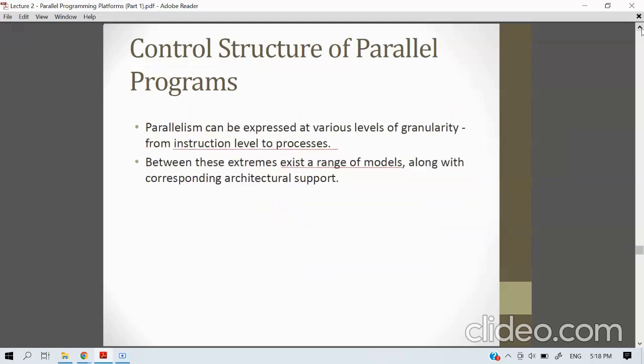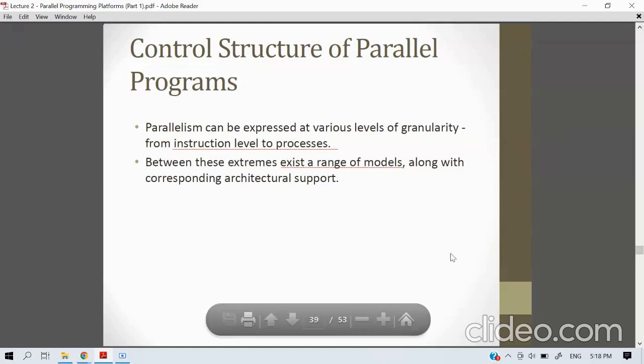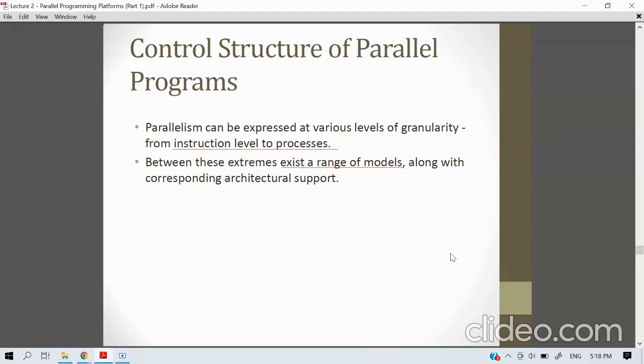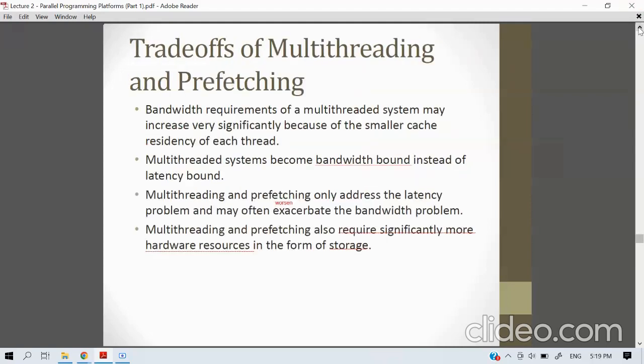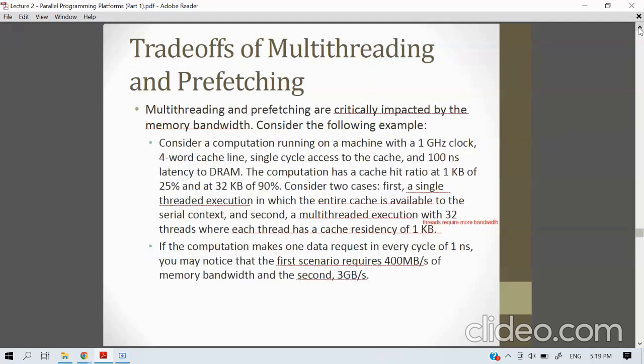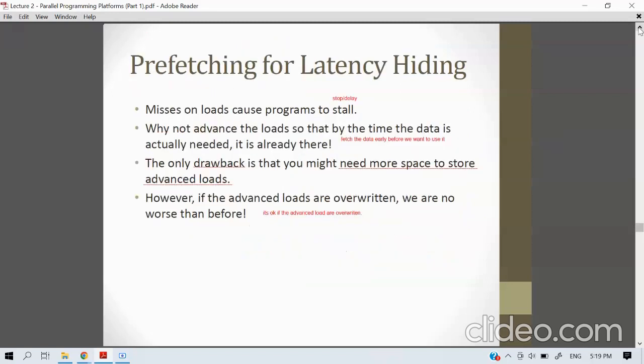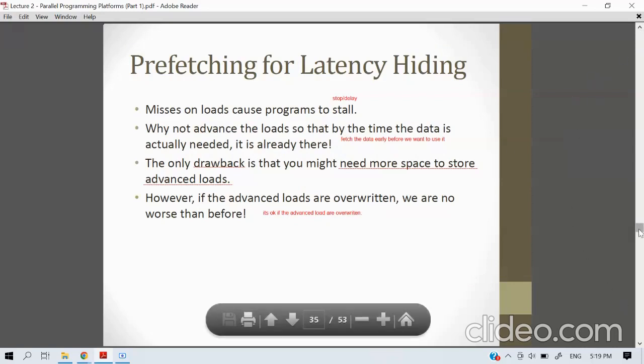Then there is the increase of bandwidth. While we are trying to reduce the processing time, we can still increase the bandwidth when we do parallel computing. That one is under the subtopic of latency hiding.